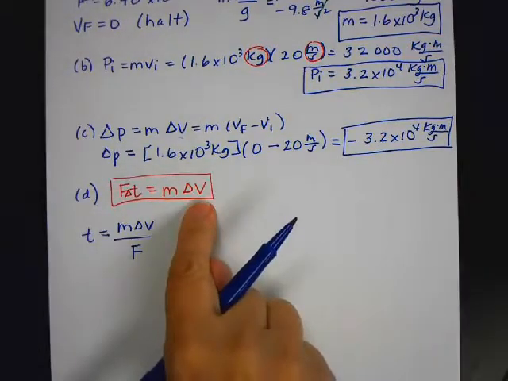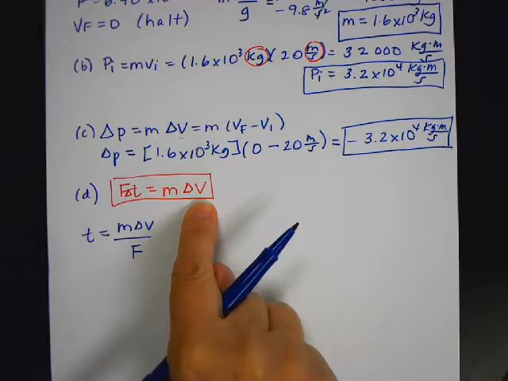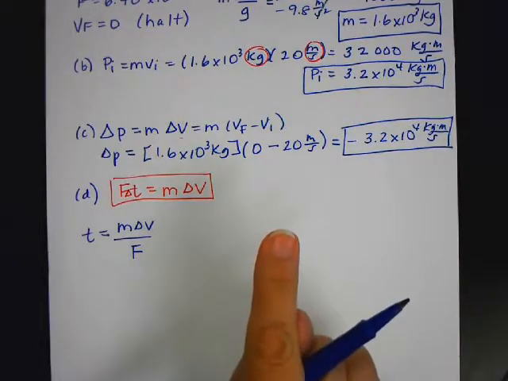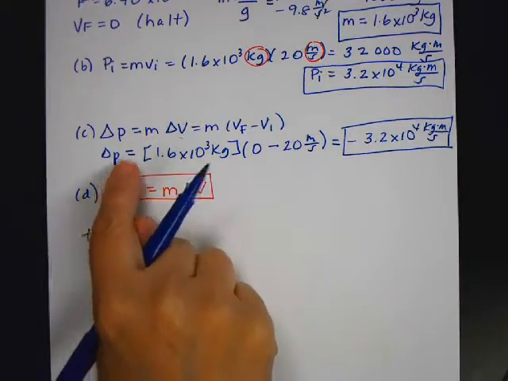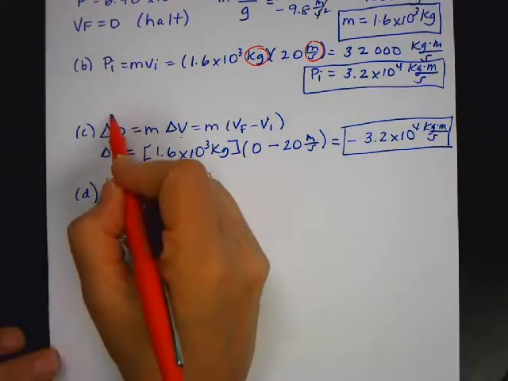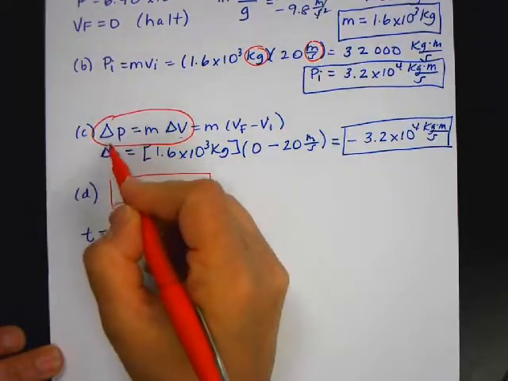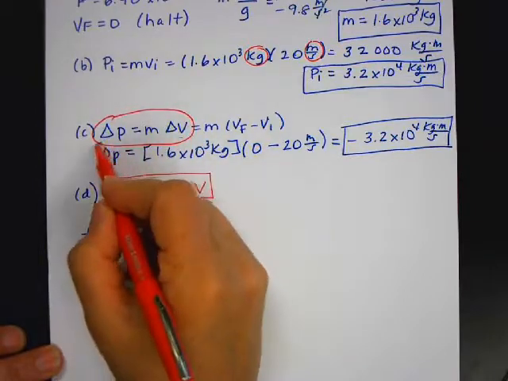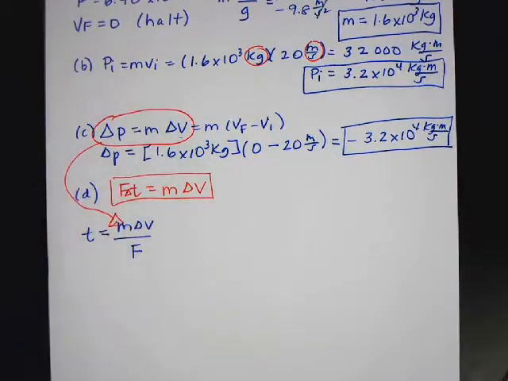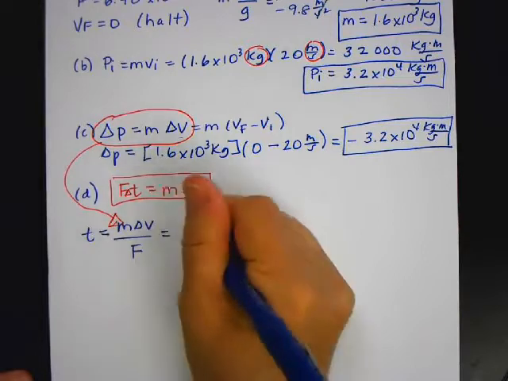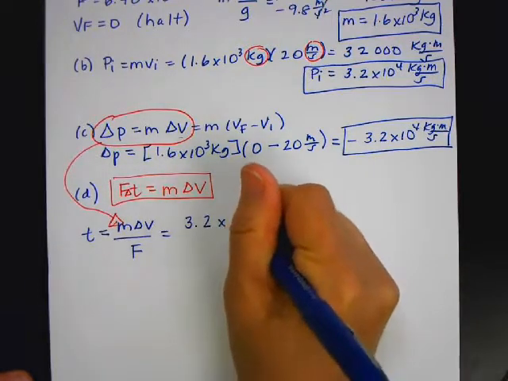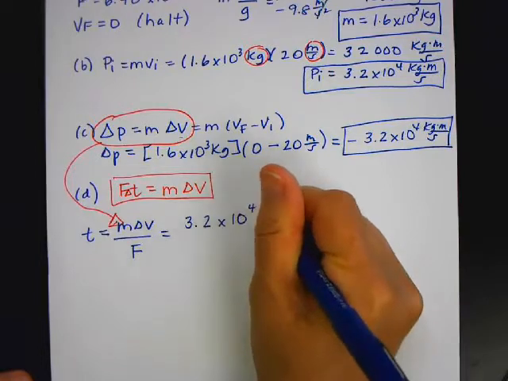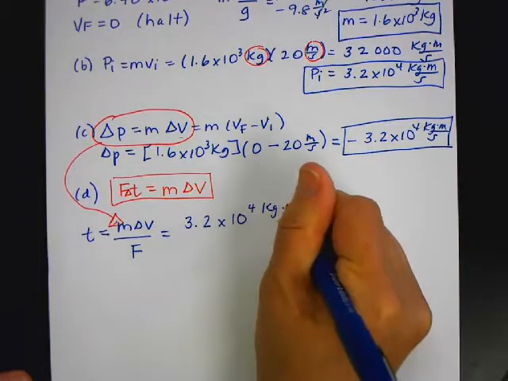So I already found delta p is m delta v. So I already found this here. So this is going to be 3.2 times 10 to the 4 kilogram meter per second.